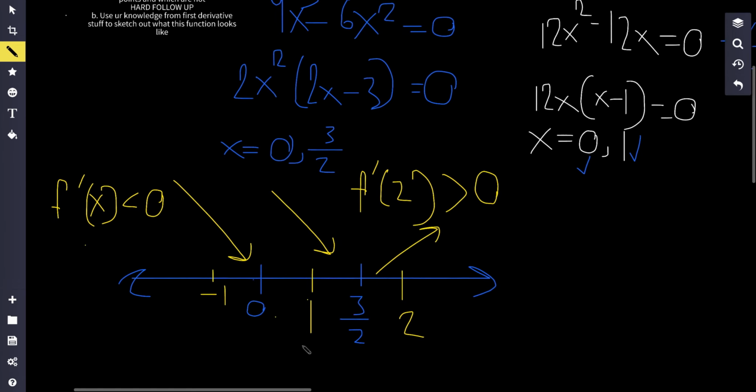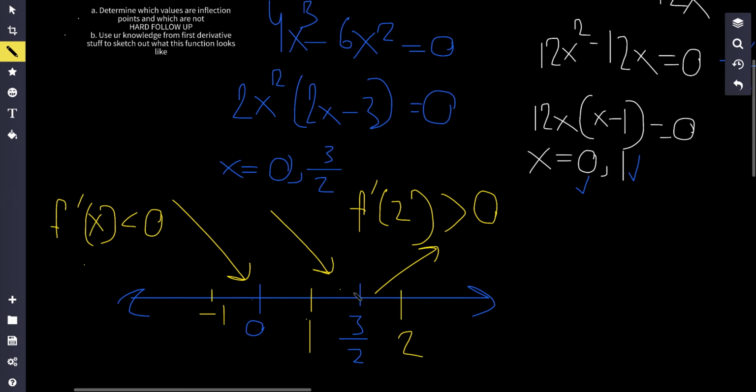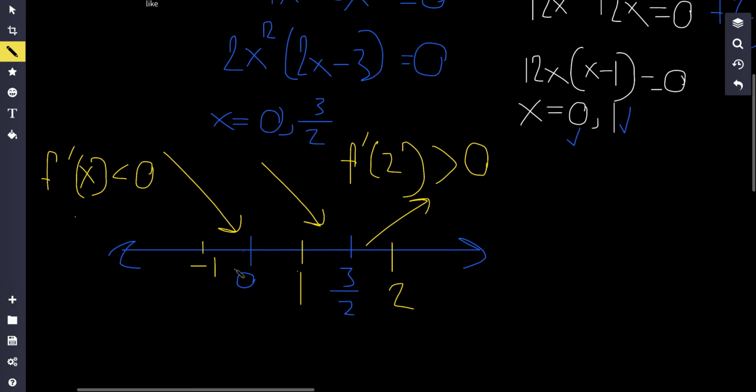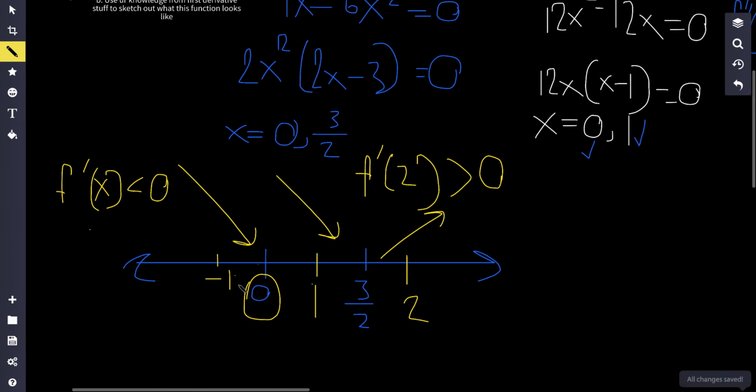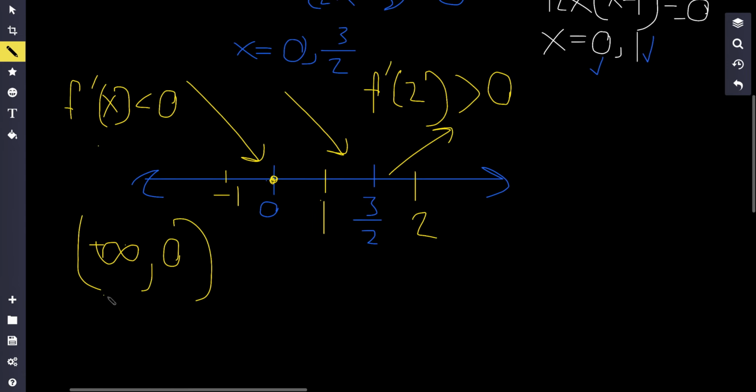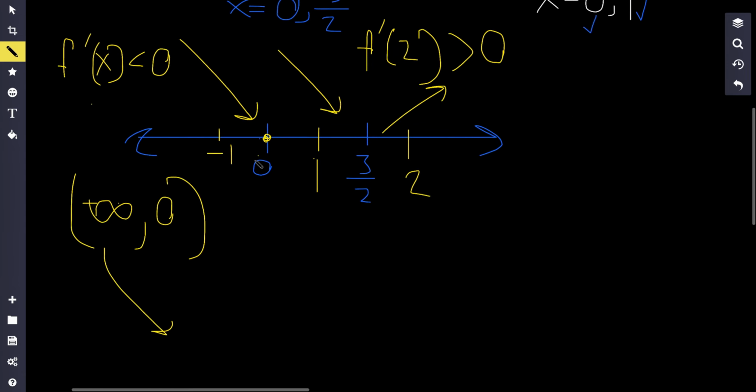So that tells me whether a point is a minimum or maximum. Notice how at the point 0, this is not a minimum, nor is it a maximum, because from negative infinity to 0 our function is decreasing, and from 0 to 3 over 2, our function is still decreasing.